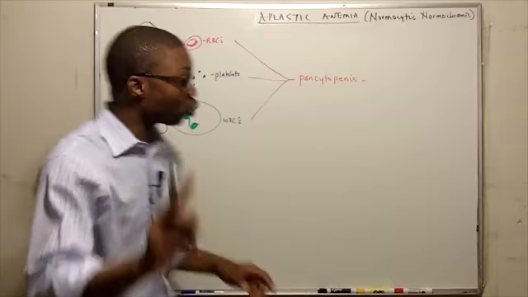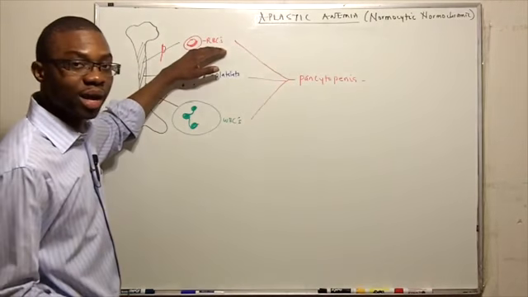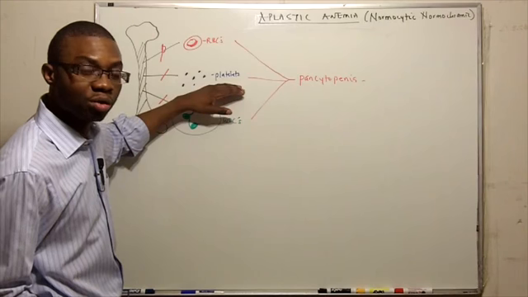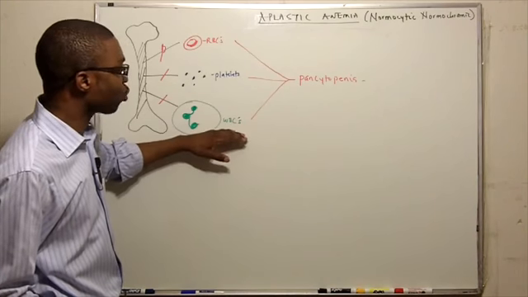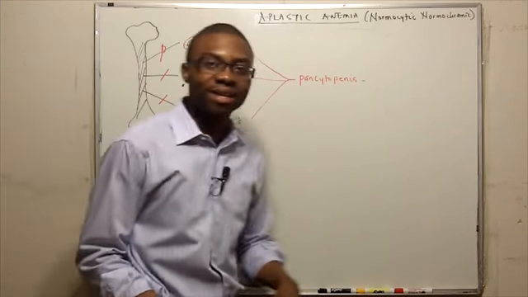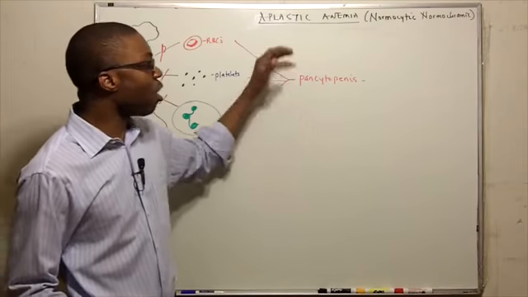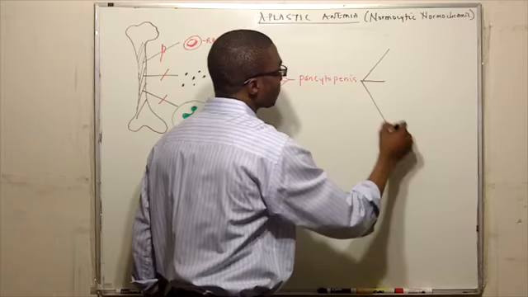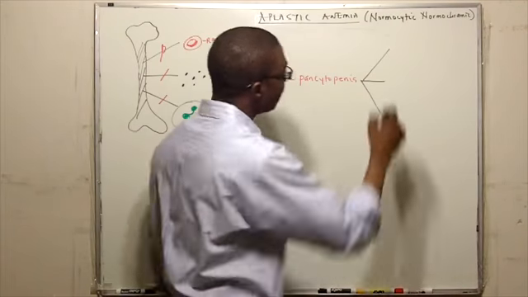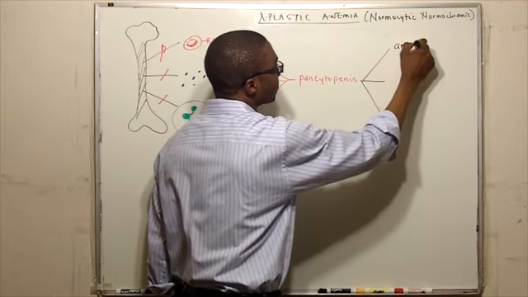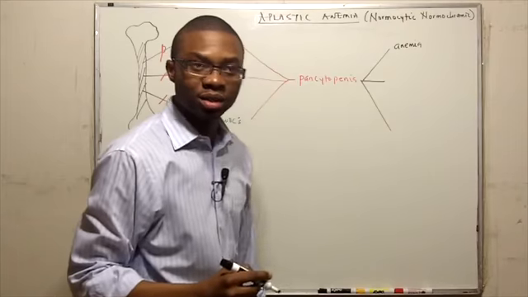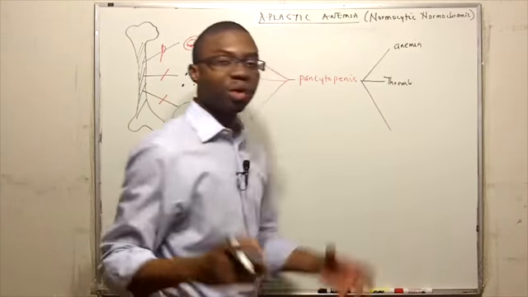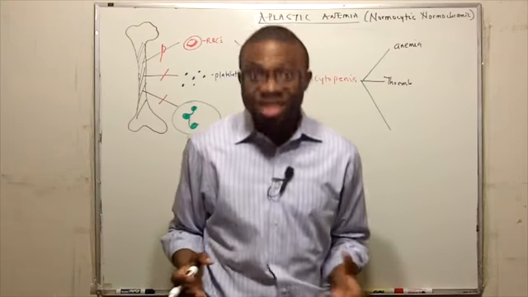Typically, if it's just one cell line, if it's red blood cells, we call that anemia. If it's platelets, we call it thrombocytopenia. And if it's white blood cells, we call it neutropenia. But because these patients have all three cell lines affected, they're going to have anemia, that's what happens when you affect the red blood cell line. And if it's platelets, thrombo, from the word thrombose, which means to clot. That is the job of platelets.